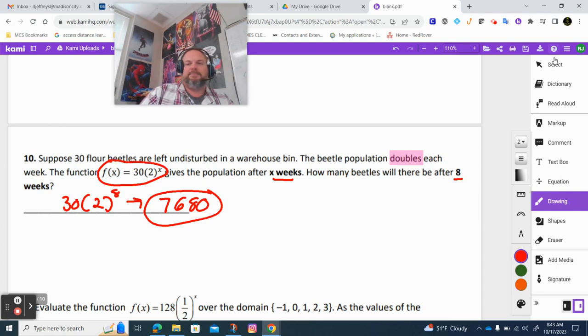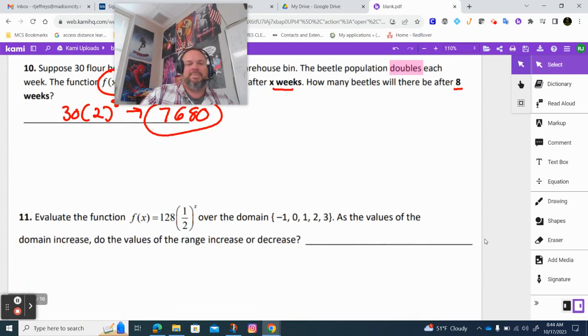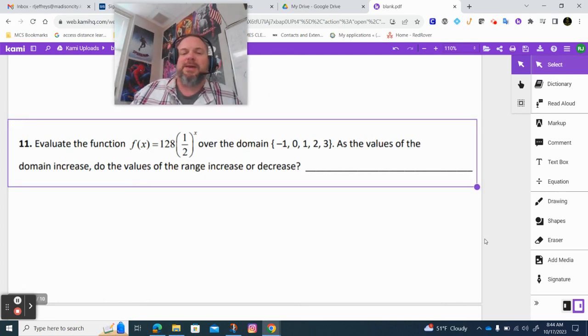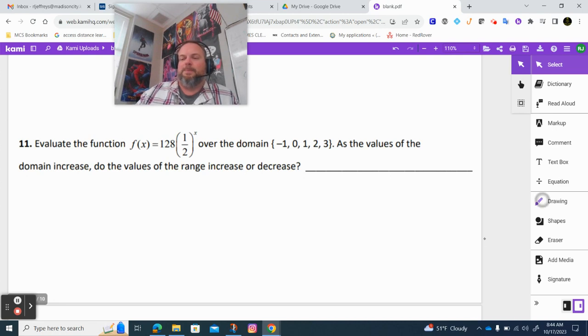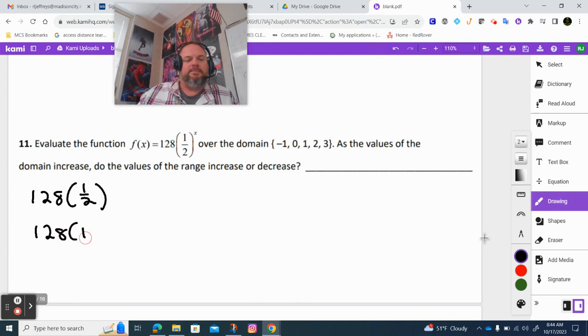All right. So that's number 10. All right, number 11. Evaluate over the domain, this right here. So basically, we're going to have this problem.